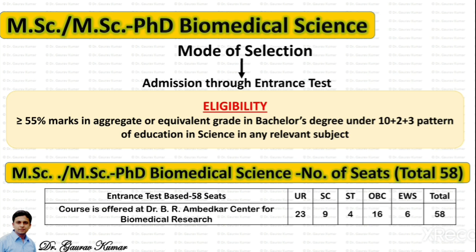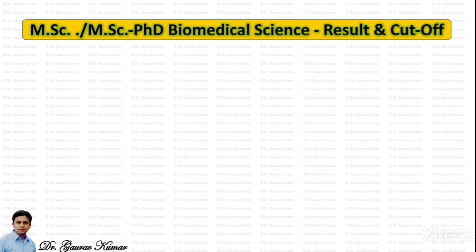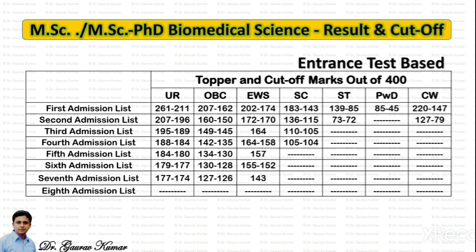If you see the results and cutoff in the MSc PhD Biomedical Science, you will see there were around 7 admission lists. In the unreserved category, the range for the marks was from 261 in the first admission list, which the topper got, till the 7th admission list, with the last candidate selected on 174. In the OBC, the range was from 207 to 126.